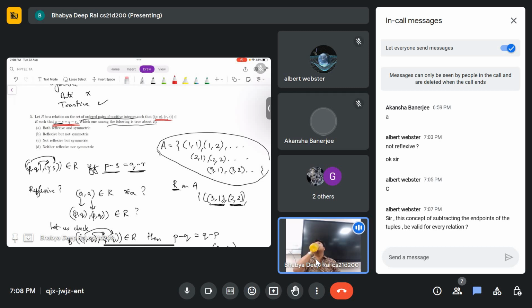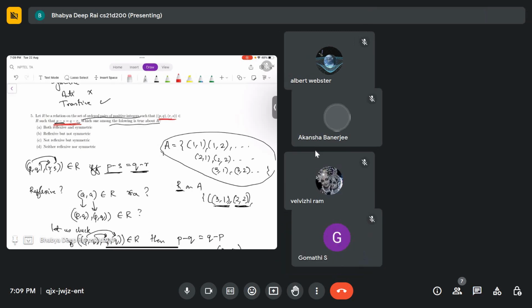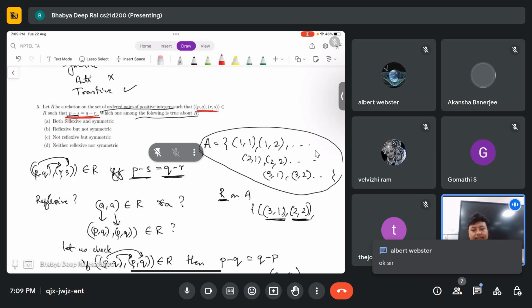There is nothing stopping you from doing so. But you should make sure that you can actually perform subtraction, that they are either integers or natural numbers, objects where subtraction is actually well defined.